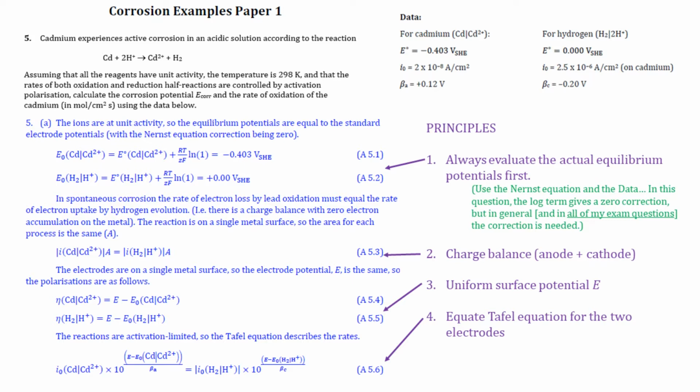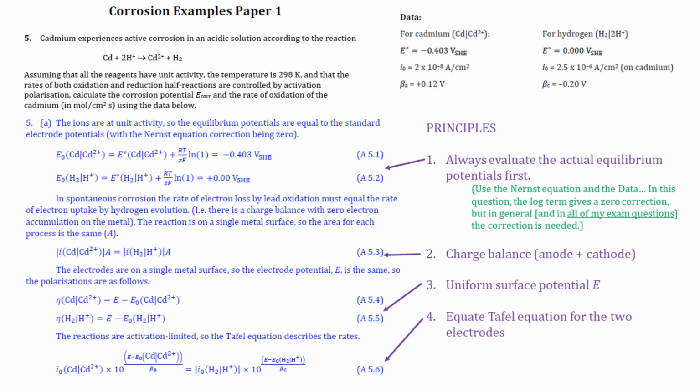In this question, the equilibrium potential is actually equal to the standard electrode potential because the correction term is 0, because in this special case the species have unit activity. But that's a very unusual special case, and even in this special case we still need to write down what the actual equilibrium potential is. It comes out as minus 0.403 volts SHE for the cadmium, and 0 volts SHE, of course, for the protons.